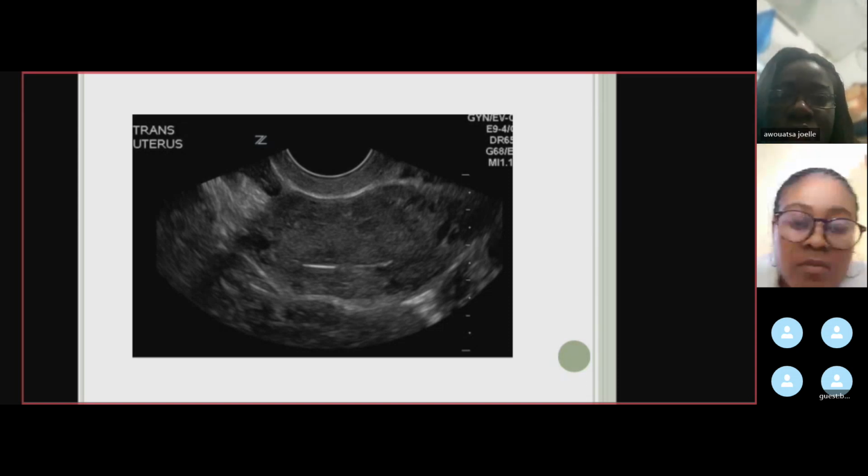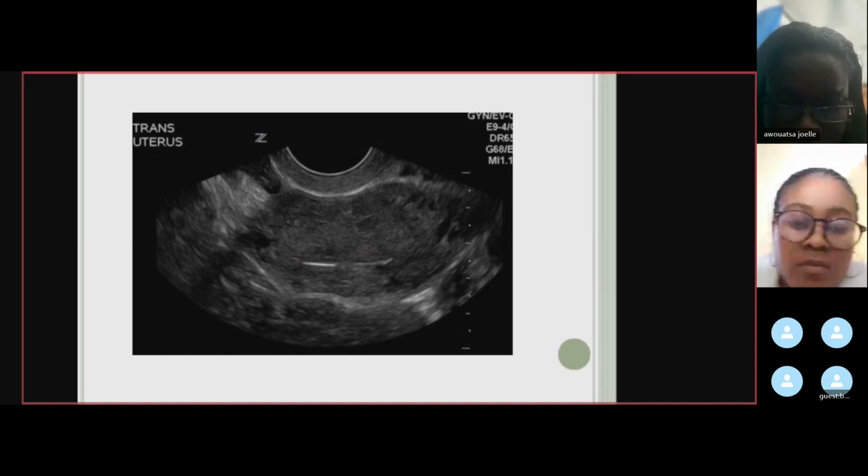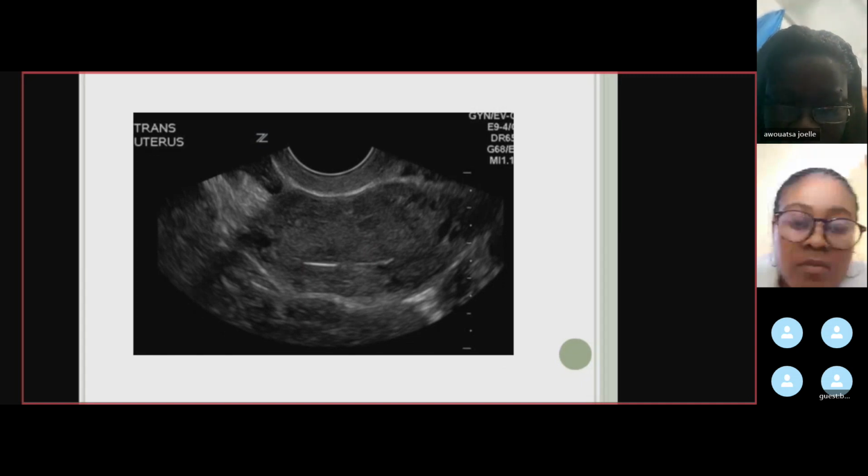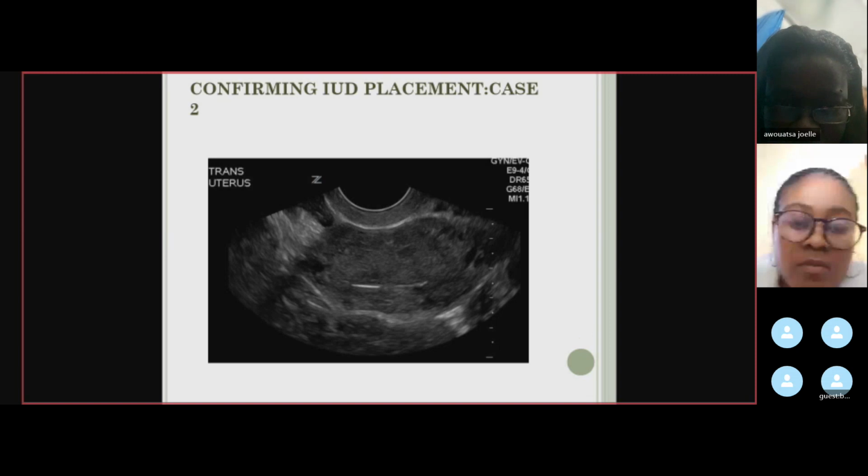Okay, so this is the image of the uterus. This whole thing is the uterus. Okay, inside the uterus they have placed the IUD. Okay. So there is a hyperechoic structure inside, that is the IUD. To confirm that placement, whether it is correct or wrong, they do the ultrasound.